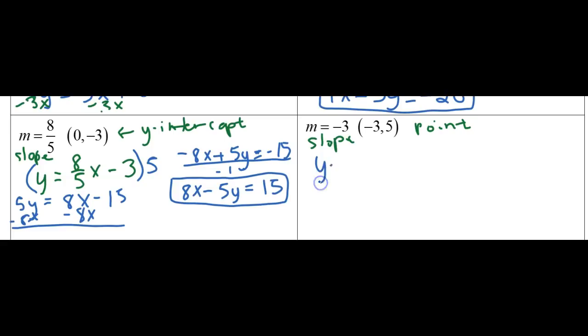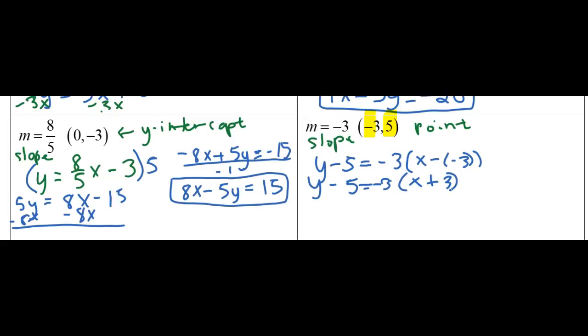So I'm going to start with y minus my y value of my point, which is 5, equals my slope, negative 3, times the quantity of x minus the x value of my point, which is negative 3. So I have y minus 5 equals negative 3 times x plus 3 from that minus and negative.